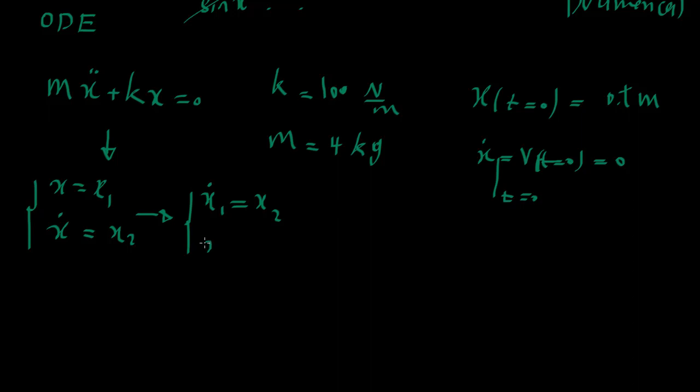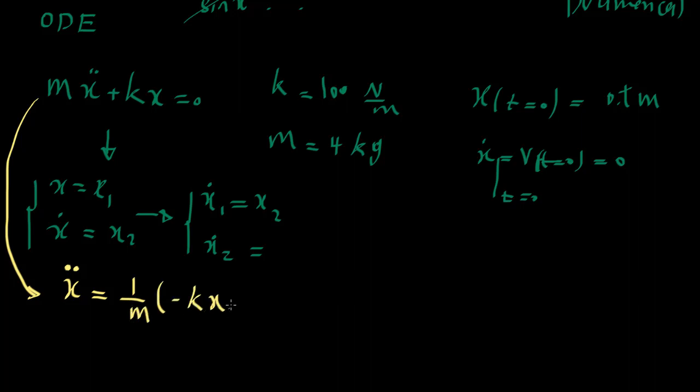The second equation, x2 dot, we have to come up with using the equation for the right hand side. So x2 dot would be x double dot. We go back to this equation, put x double dot on one side and bring everything else to the other side. I keep x double dot here, bring this term over, and divide both sides by m. So this would be 1 over m times minus kx.